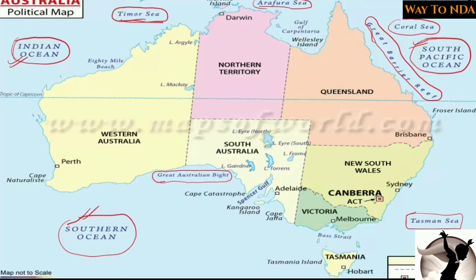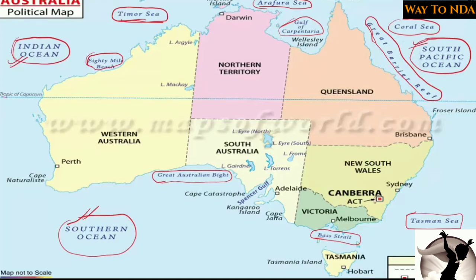This is the Bass Strait between Tasmania and Australia. Here you will find the Gulf of Carpentaria, and here this is Eighty Mile Beach. So these are the important water bodies around this Australian continent.